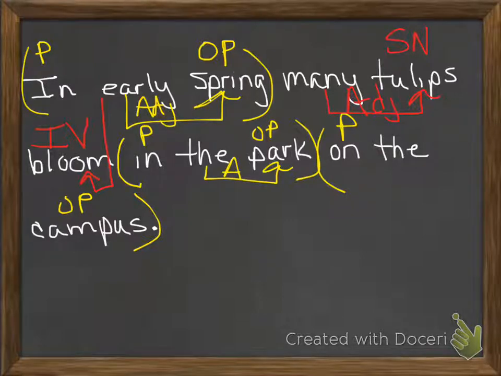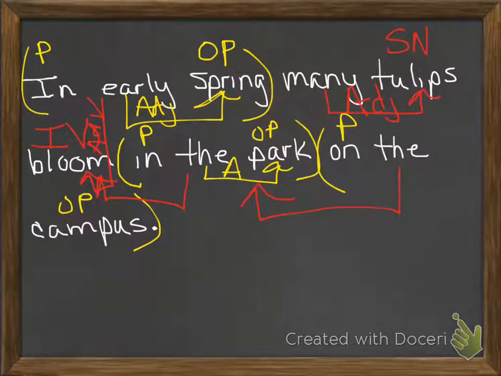Let's double check. Can we move it around in the sentence and it makes sense? Many tulips bloom in the park on the campus in early spring. Yep, still makes sense. So yes, it's an adverb phrase. Bloom where? In the park. Bloom in the park where? On campus. Okay?